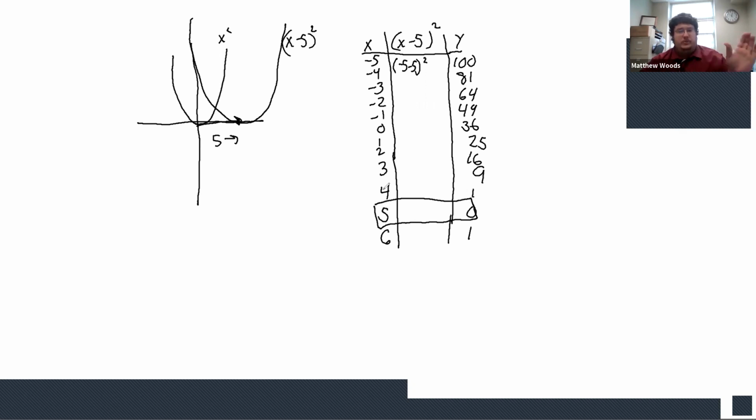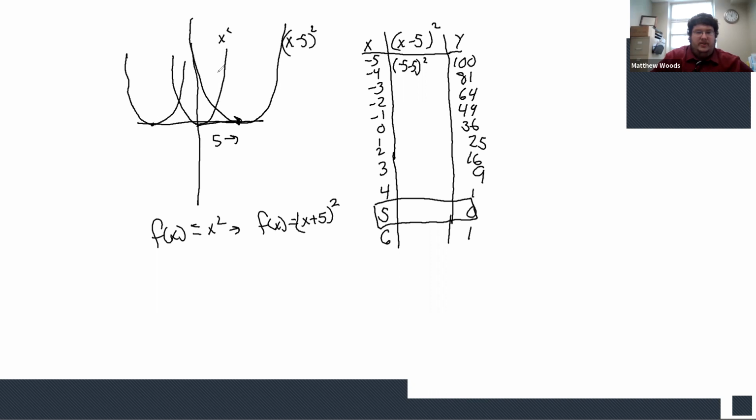So everything shifts according to that. That means that to go from f of x equals x squared to f of x being x plus 5 squared, now you're going to be shifted over to here.